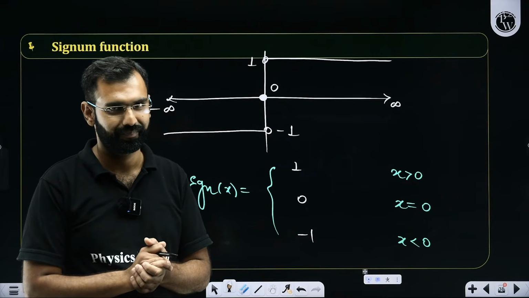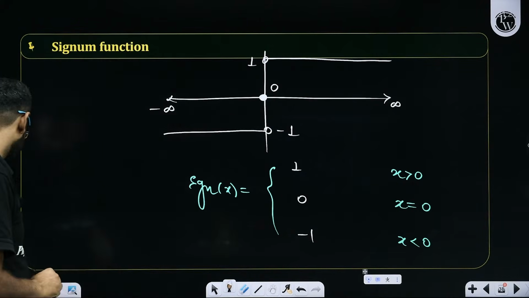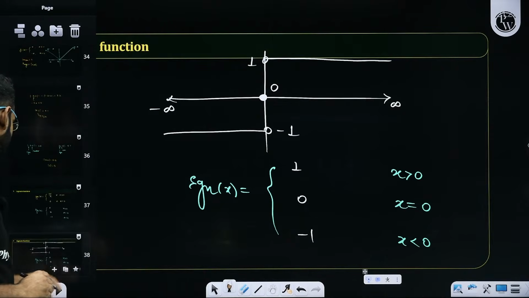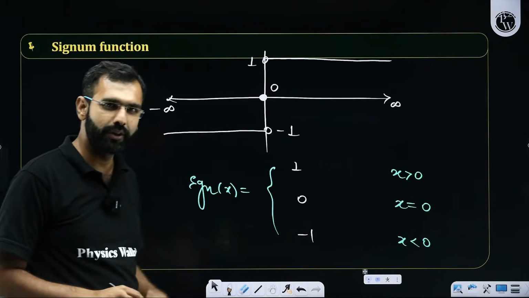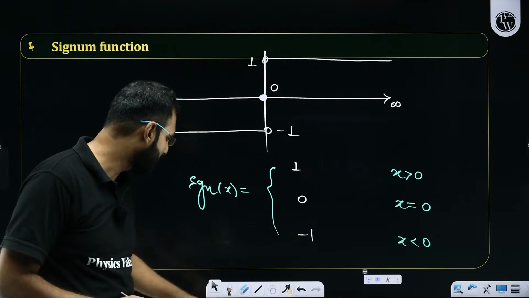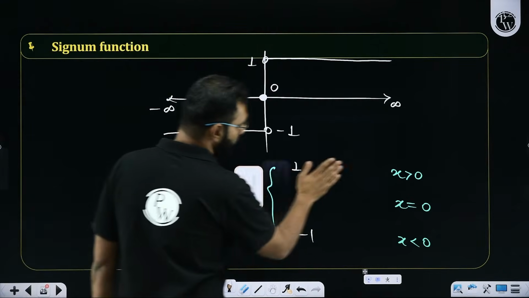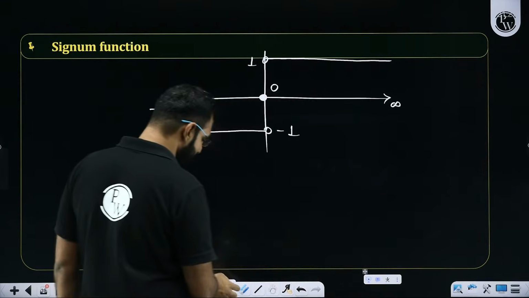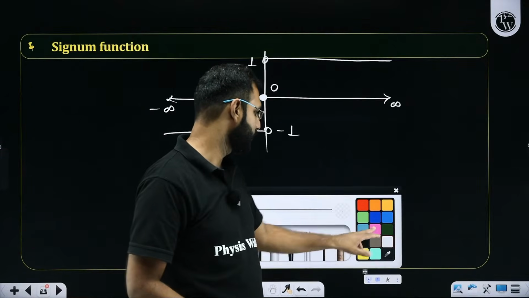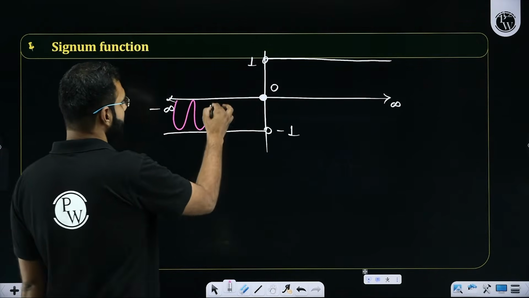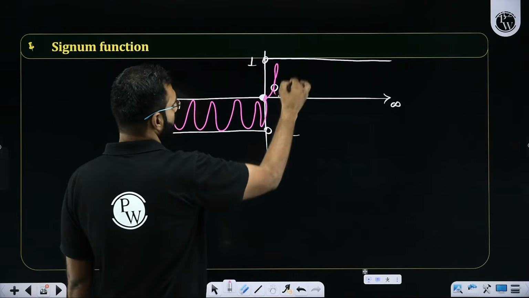Yes or no? So one more very interesting question here: can you now help me with the domain and range of this function? Sir, I think it's very easy now. You just look at the graph. The graph exists everywhere along the x-axis.